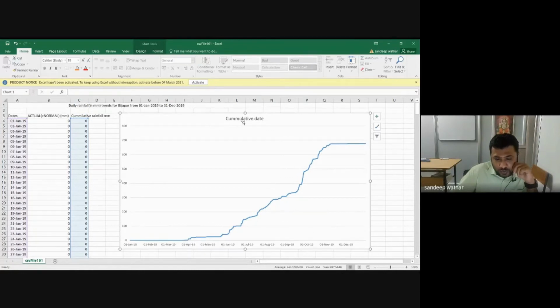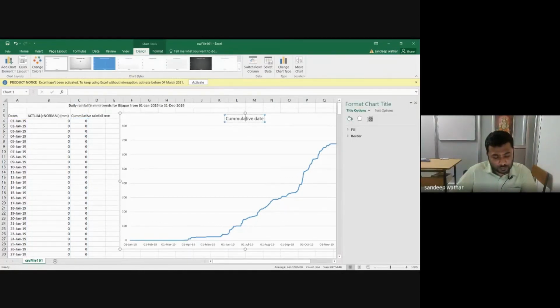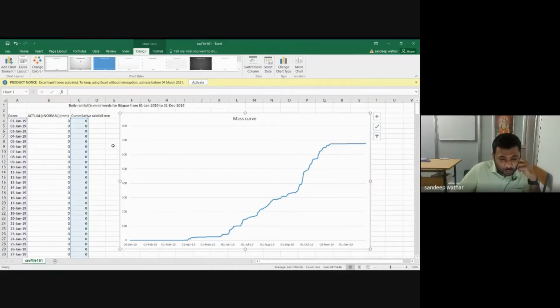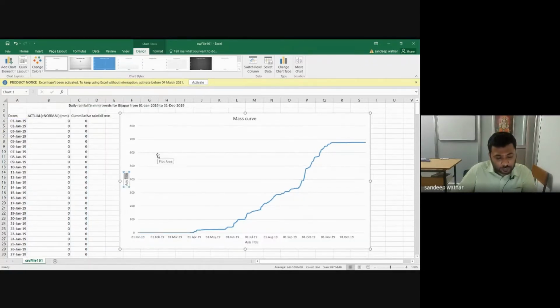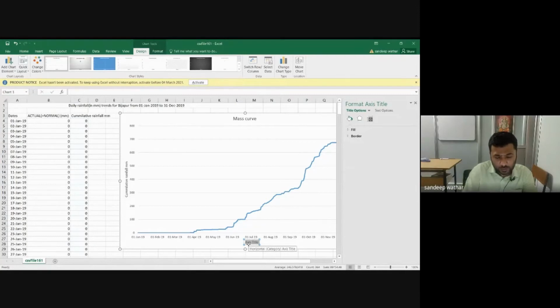Now this curve is called the mass curve. The mass curve is basically the graph drawn with cumulative rainfall on the y-axis, and on the x-axis we'll have time.